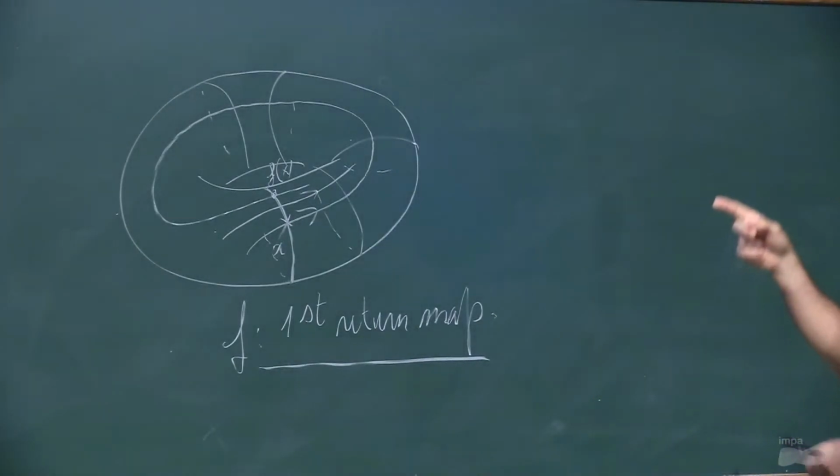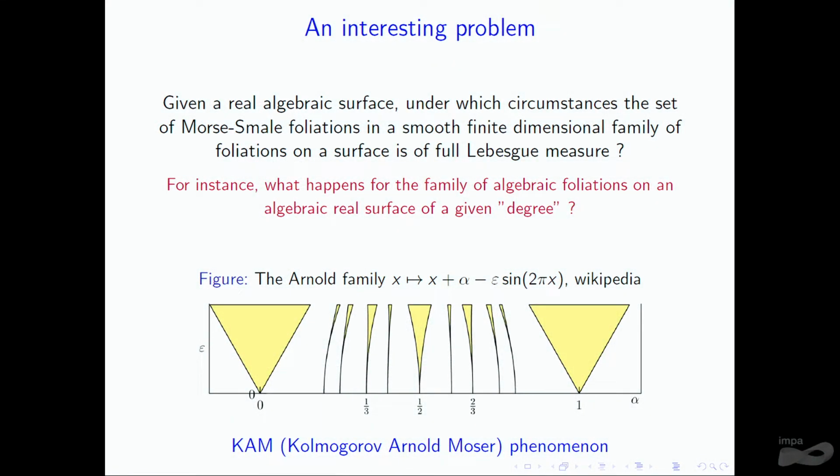It is a map from the real numbers to the real numbers, but it commutes with the integer translation. So in fact, it defines a map from the circle, the reals divided by the integers, to itself. So you can consider this family of diffeomorphisms of the circle that depends on the two parameters alpha and epsilon.